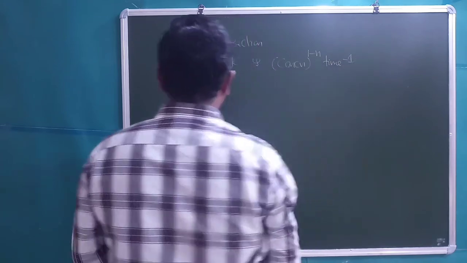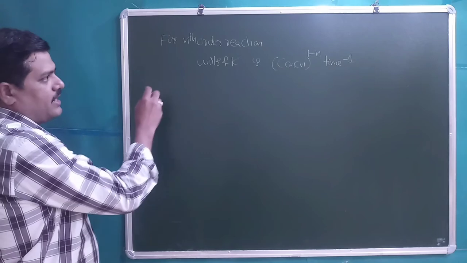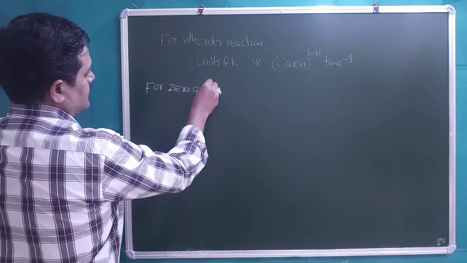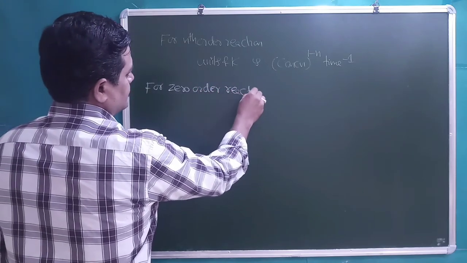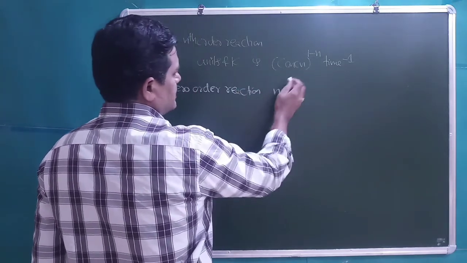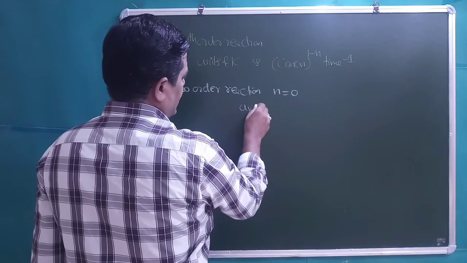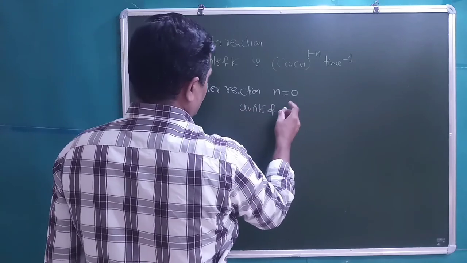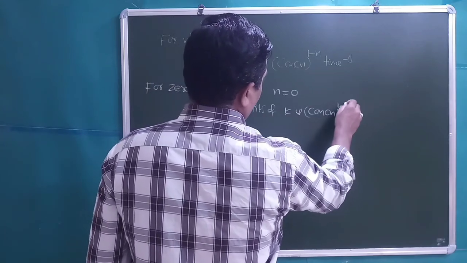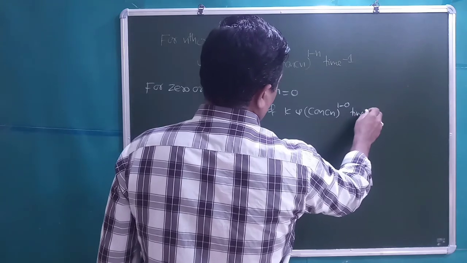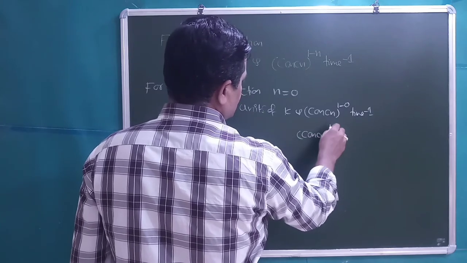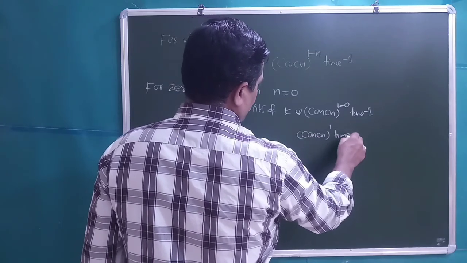For zero order reaction, we substitute n is equal to 0. Then the units of K are concentration power 1 minus 0 divided by time, which is concentration power 1, time power minus 1.